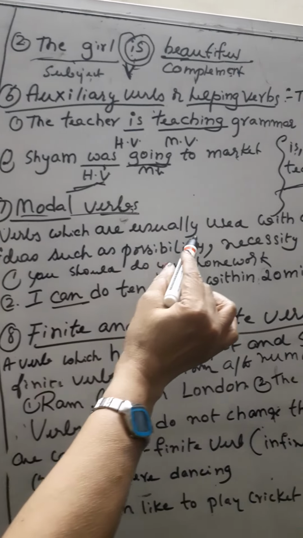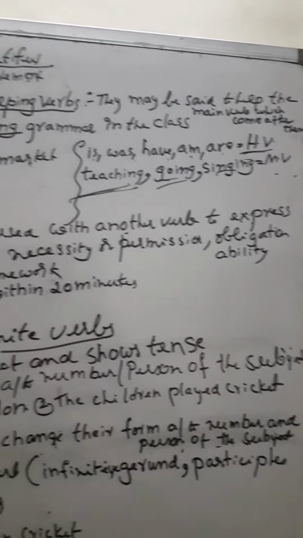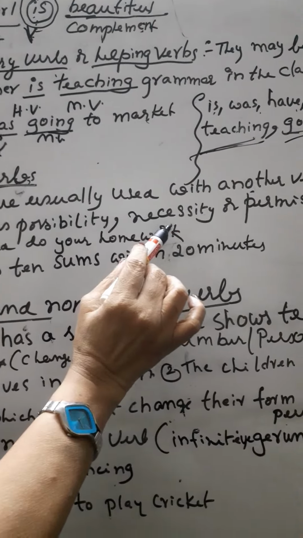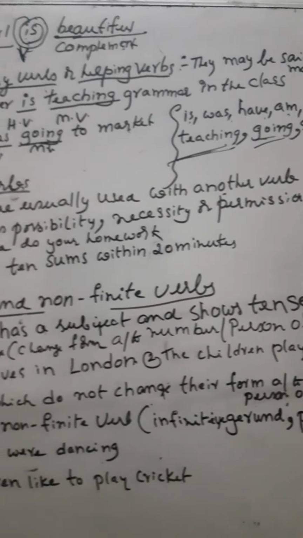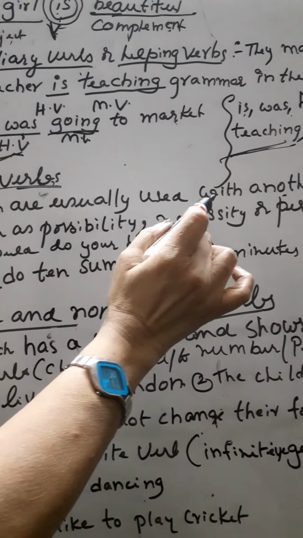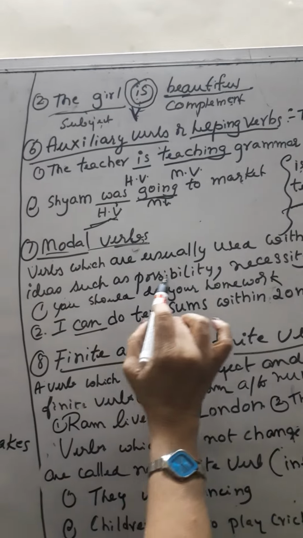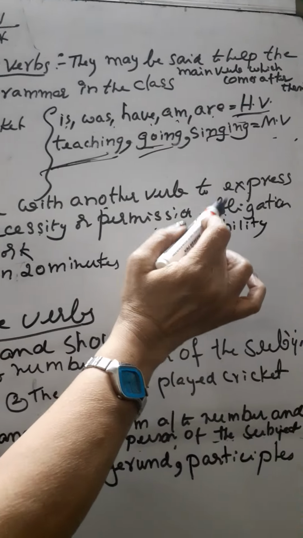Verbs which are usually used with another verb to express ideas such as possibility, necessity, permission, obligation, ability.